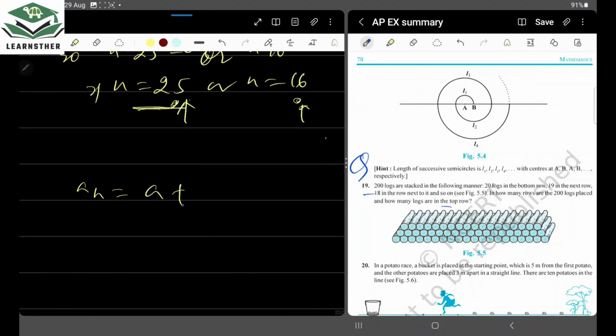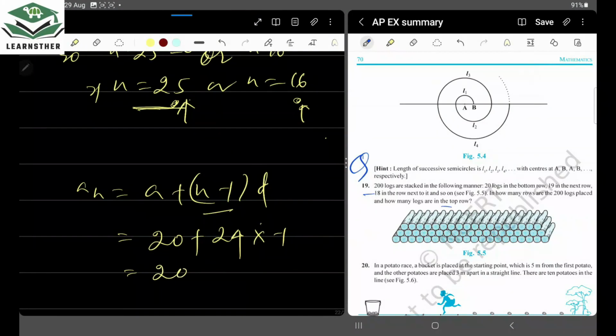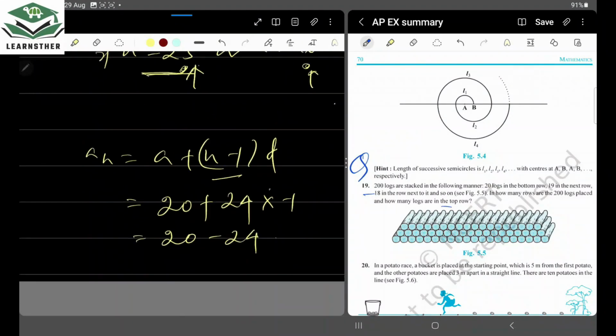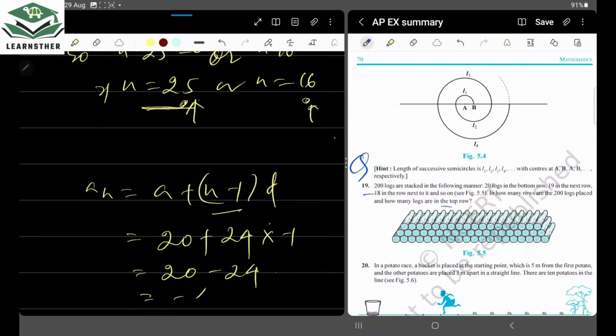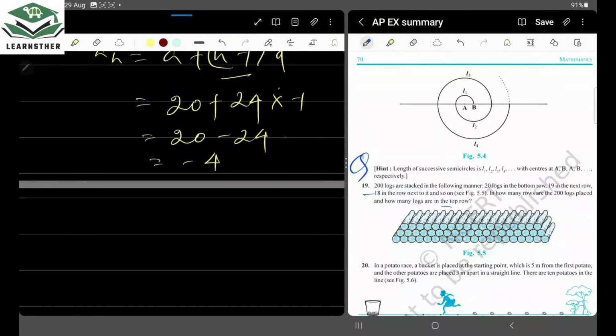An is equal to a plus n minus 1 d. A is your 20, n is your 25 minus 1, 24, d is your minus 1. So 20 minus 24, so this is minus 4.